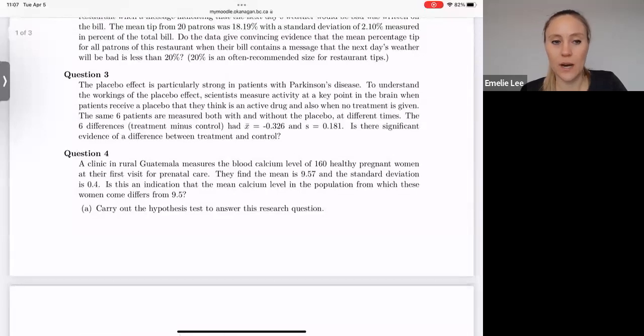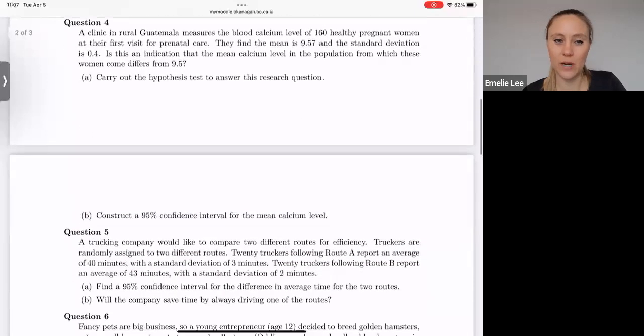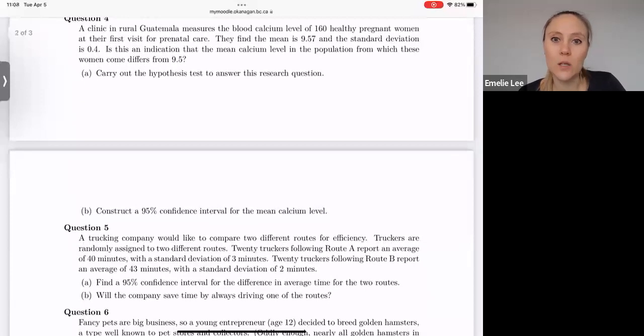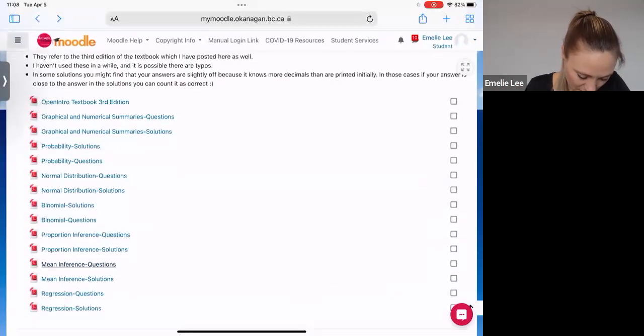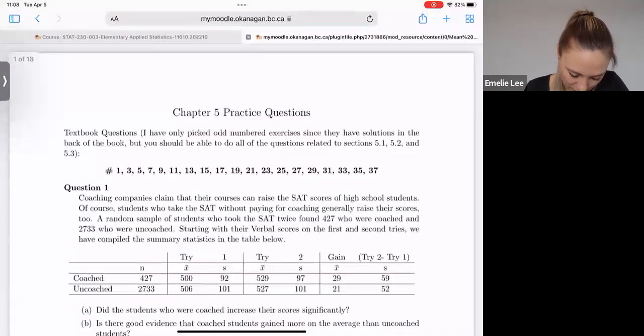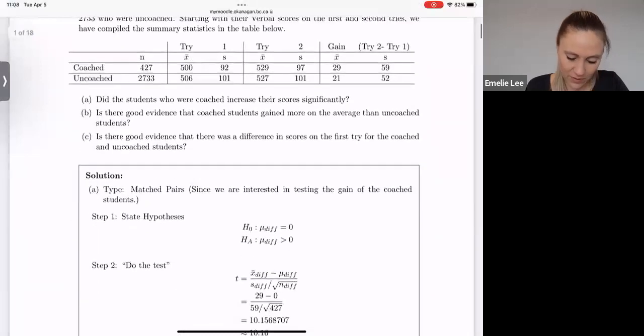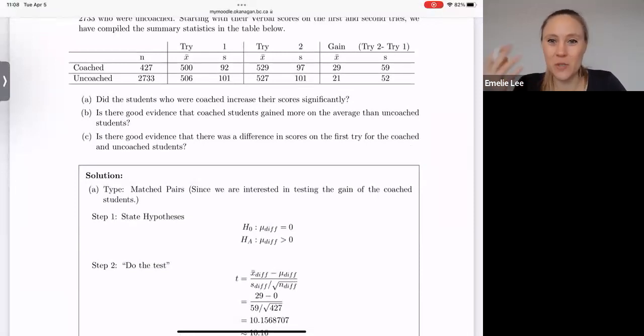If you feel like you need more practice, maybe even just read questions and try to figure out what type of question it is. In the solutions, I even mentioned what type it is, so you can check whether you got the right type. Once you've decided what type of question you have, then you're smooth sailing.